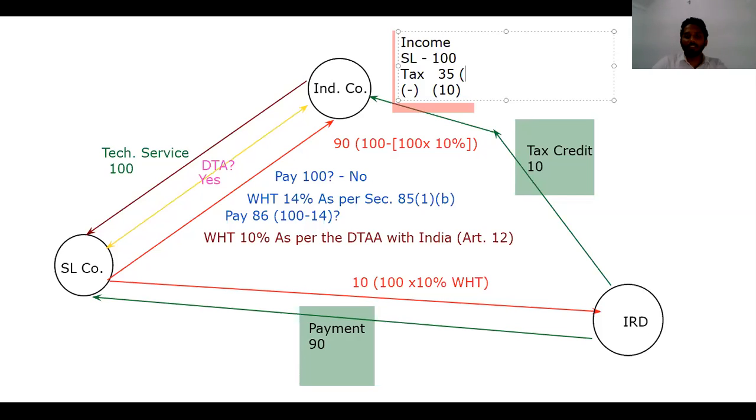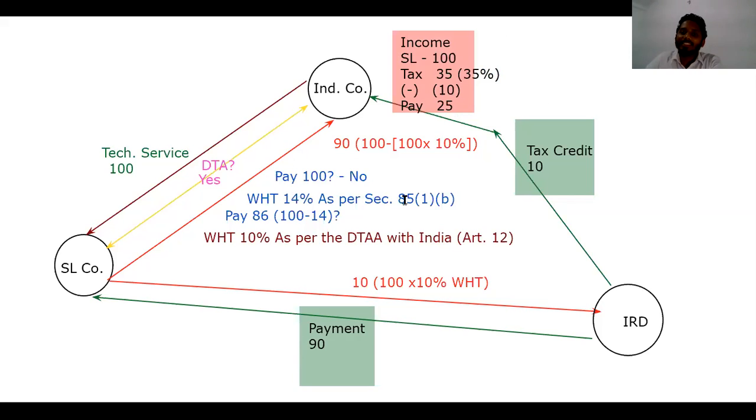Here I put a 35% tax rate. The Indian company needs to pay only 25 to the tax authority because they have a credit, right? This relieves double taxation. I explained this while doing the withholding tax section.